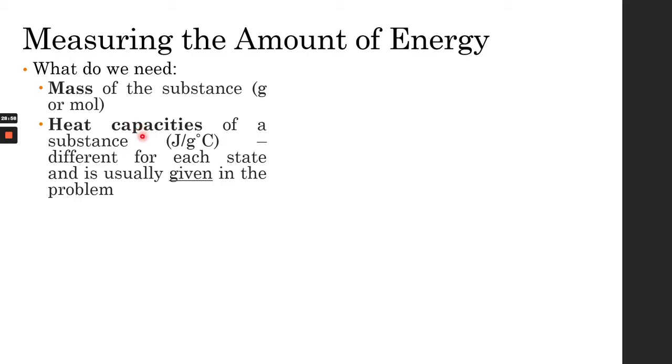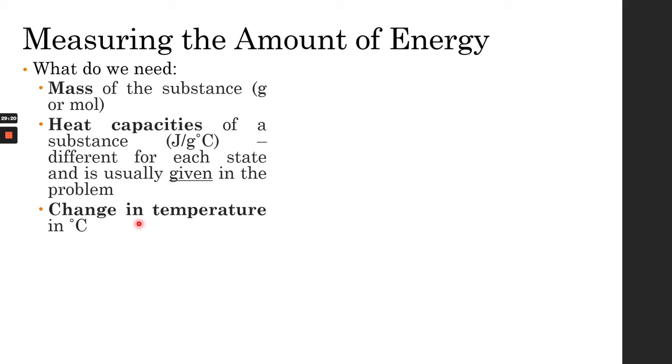Similarly, the heat capacity of liquid water is different from the heat capacity of, let's say, an alcohol. So each state is different, but it is usually given in the problem. So let's just make sure to look for the heat capacities given in the problem.